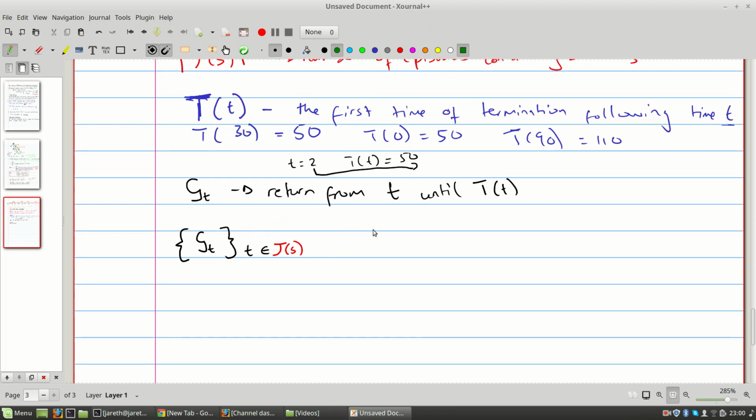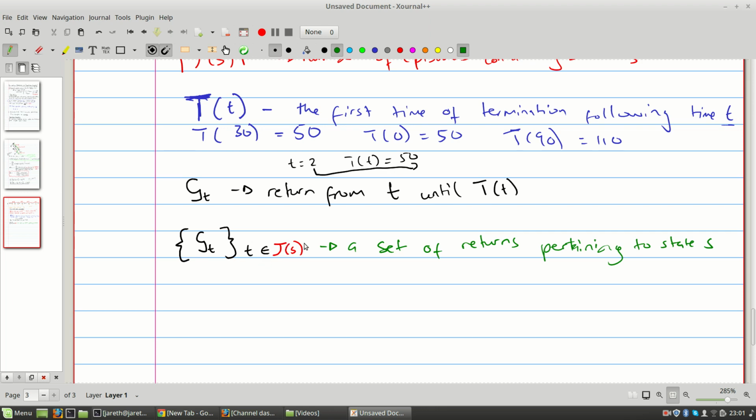Well, this is a set of returns pertaining to state S. Why are these returns pertaining to state S?